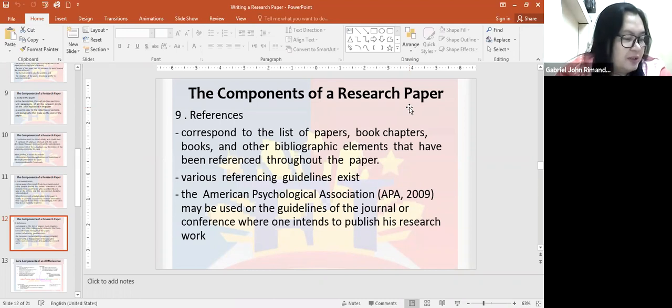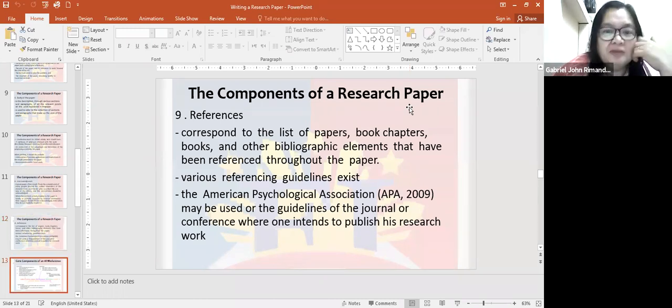Generally, we use the APA system, the APA format. This is the American Psychological Association. It may be used, or the guidelines of the journal or conference where one intends to publish his research work. This is the most general format that is used.